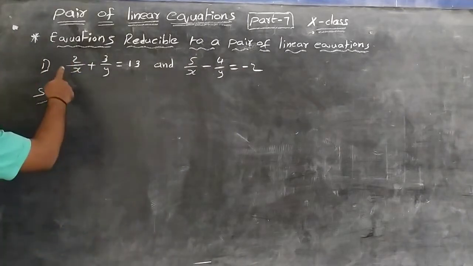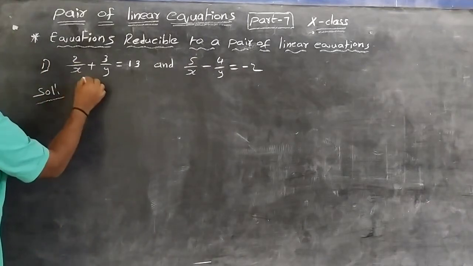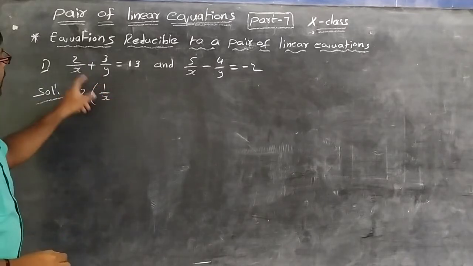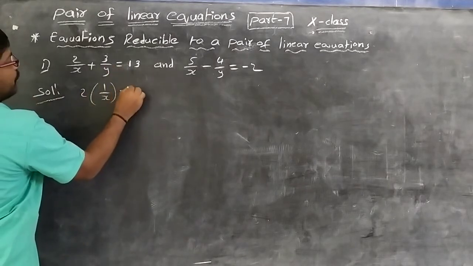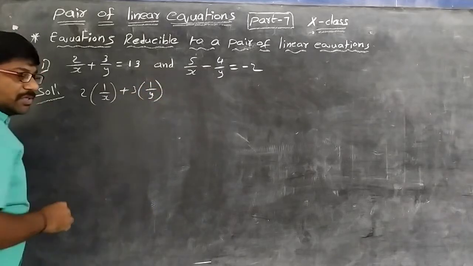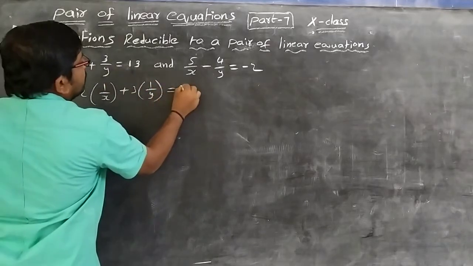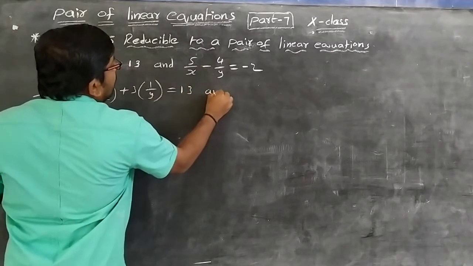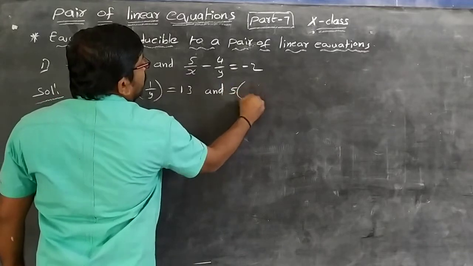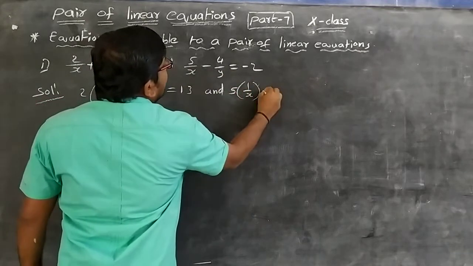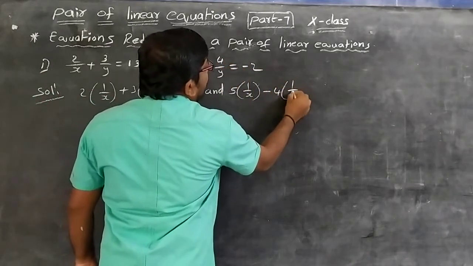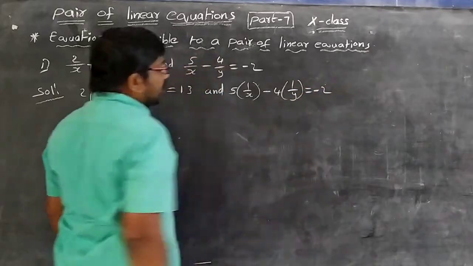The first equation can be written as 2 into 1 by x plus 3 into 1 by y is equal to 13. And the second equation, 5 by x can be written as 5 into 1 by x minus 4 into 1 by y is equal to minus 2.